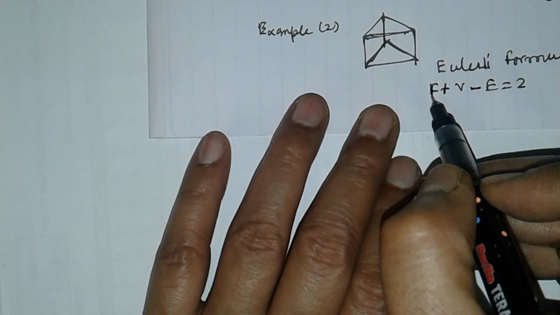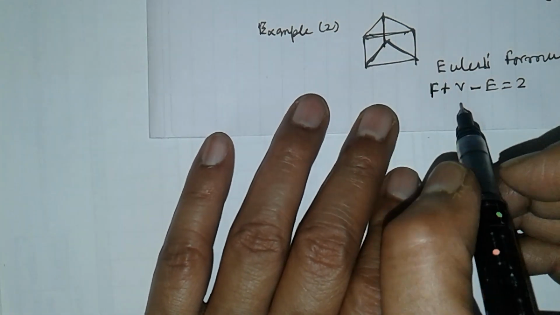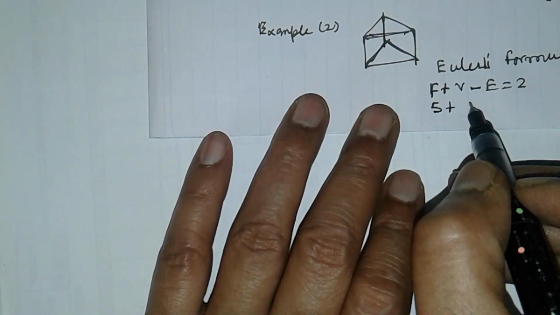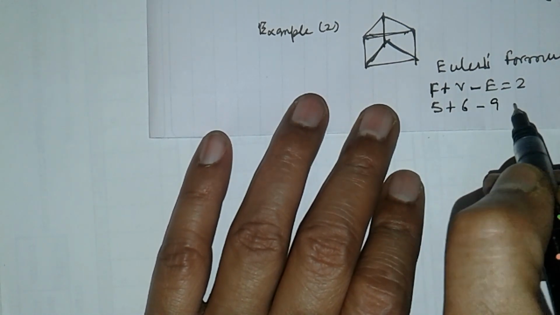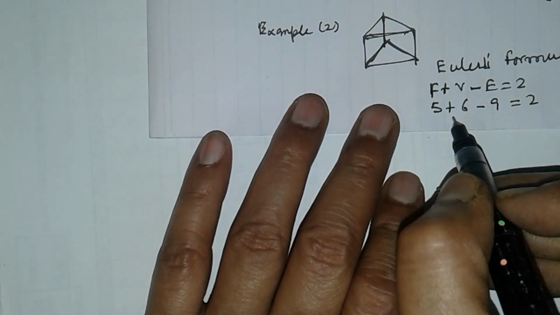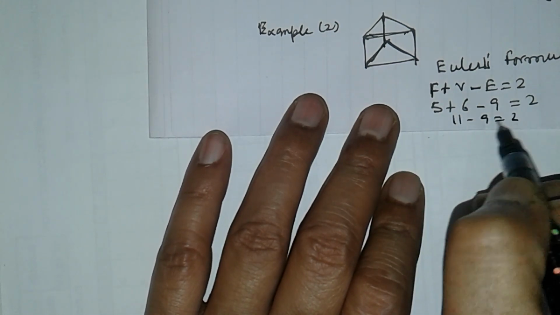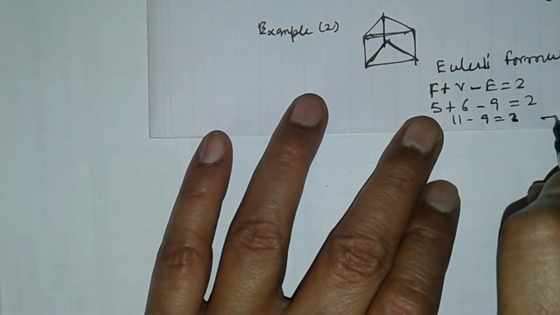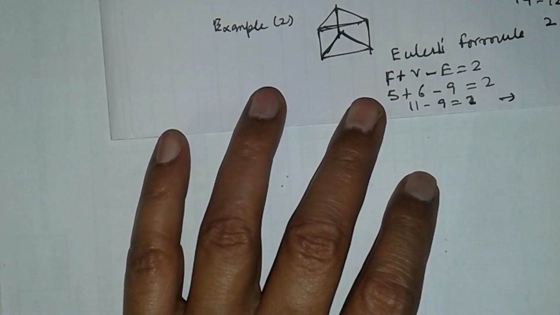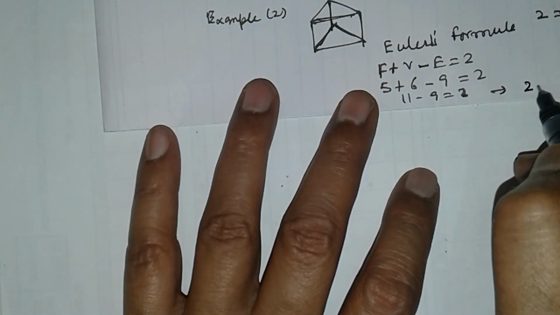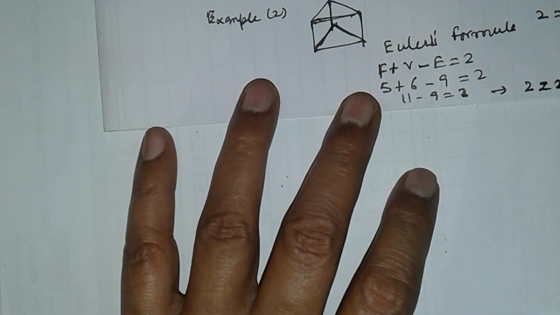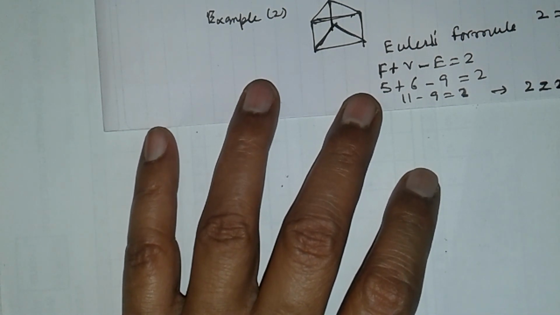The number of faces is 5, vertices is 6, and edges is 9. Let me see what the answer is. 11 minus 9 is 2. So 2 is equal to 2.